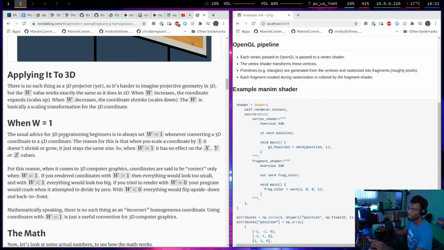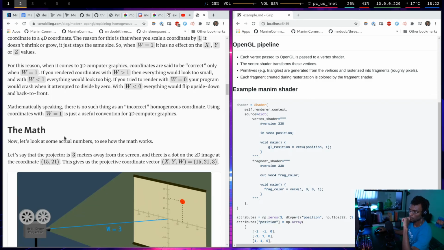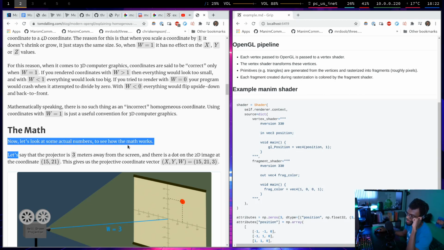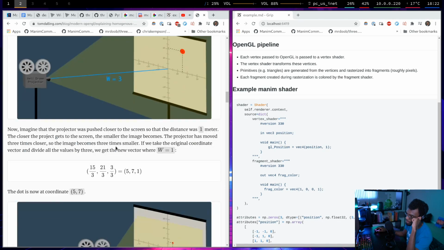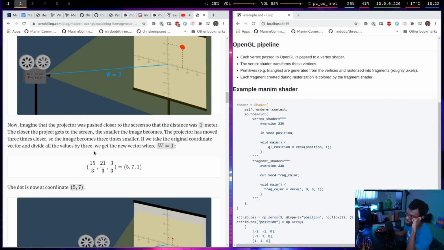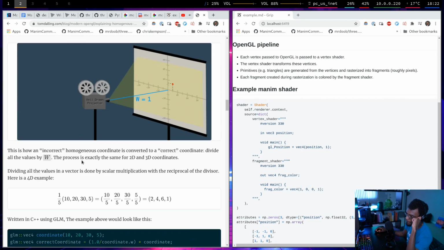And so I know that it has to be the case that somewhere in between the vertex shader and the fragment shader, the homogeneous coordinates are converted into Cartesian. Yeah, so you take the W, you divide XYZ by W. Basically, that's how something from projective space is converted into Cartesian space.